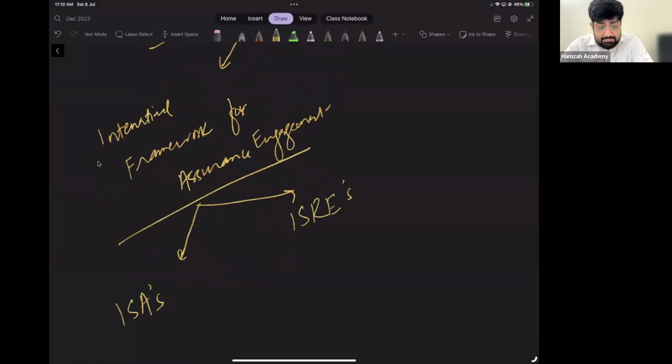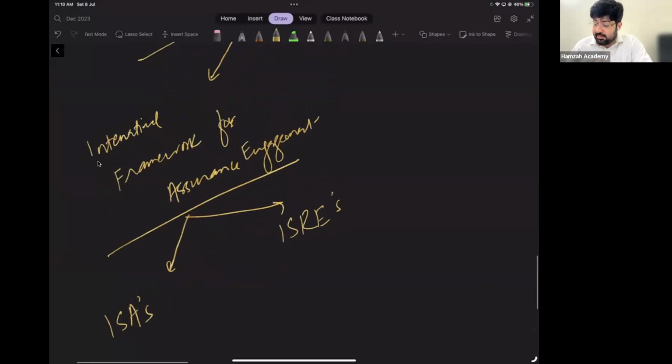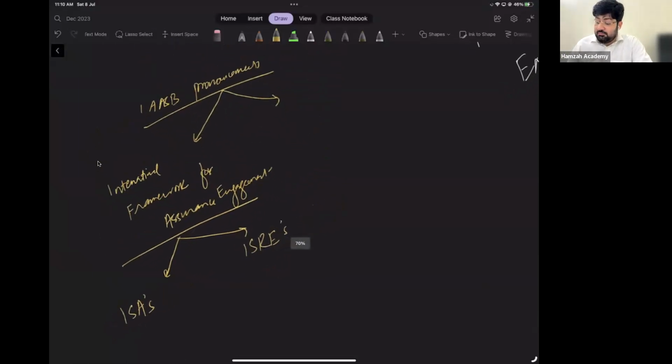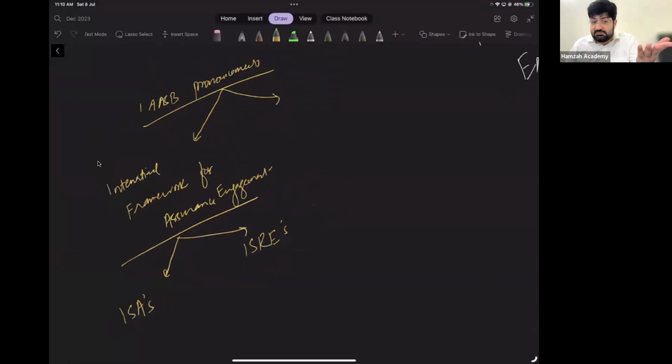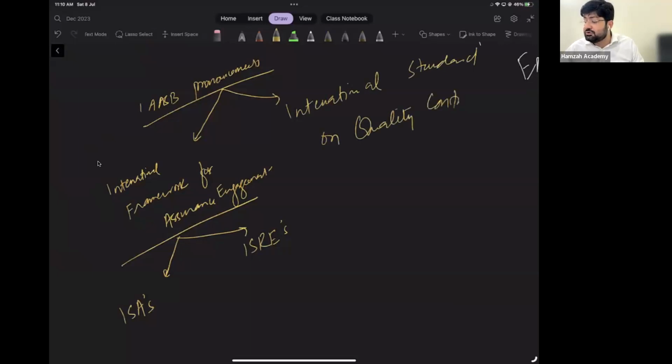They issue ISREs, International Standard on Review Engagement. You know, when you perform review engagement, we have studied that. Second pronouncement is International Standard on Quality Controls, ISQCs.